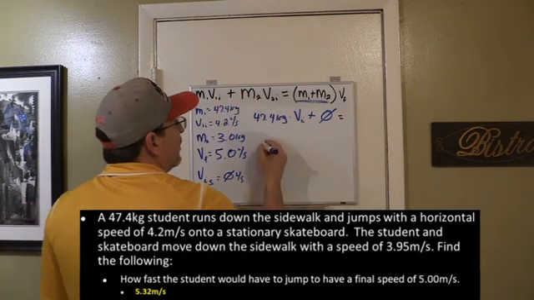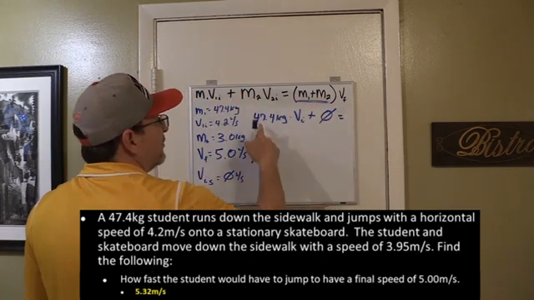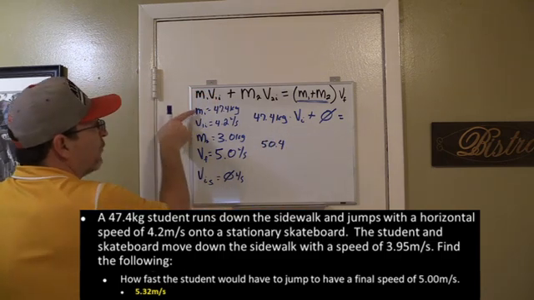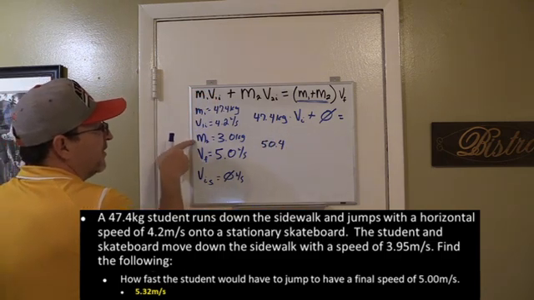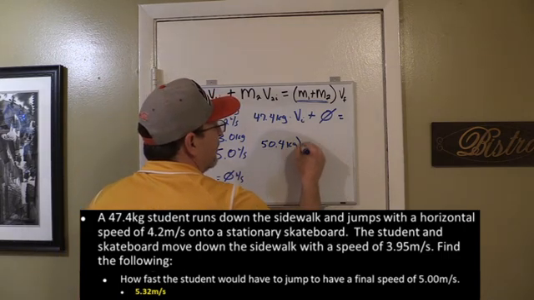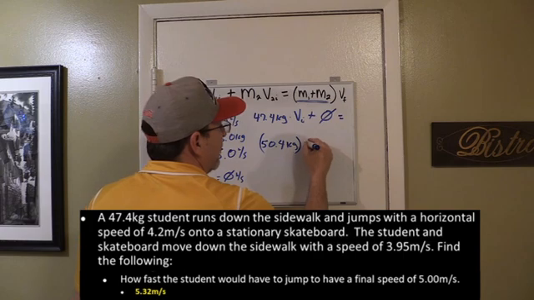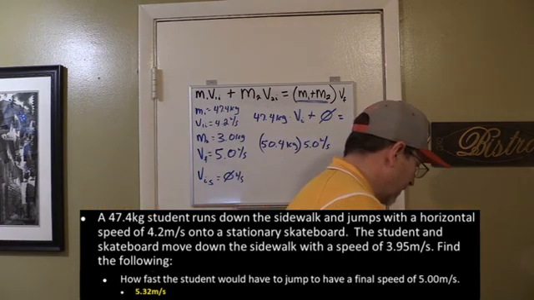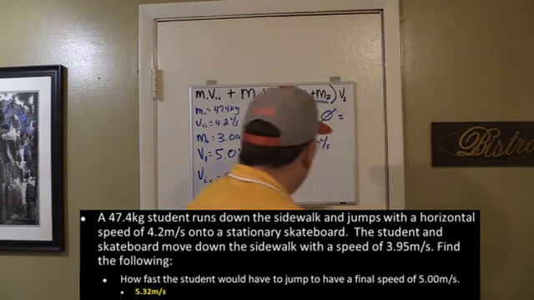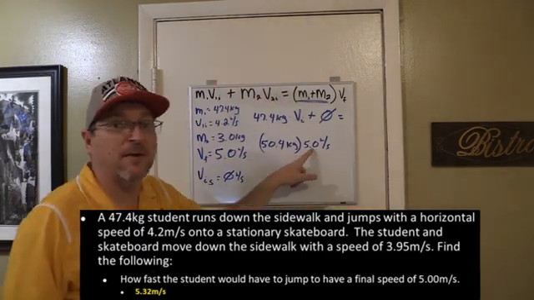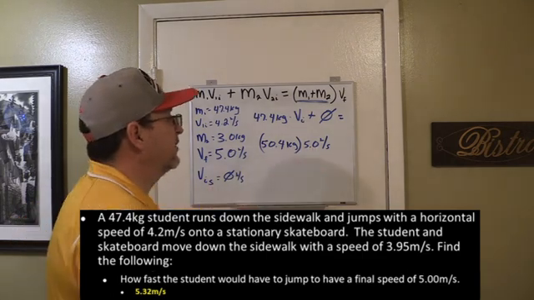is going to equal the mass 1 plus mass 2. That's going to be 50.4. 47.4 plus the 3 gives me 50.4 kilograms times the velocity. They wanted 5.0 meters per second. Okay, so we have the final velocity needs to be 5.0 meters per second.